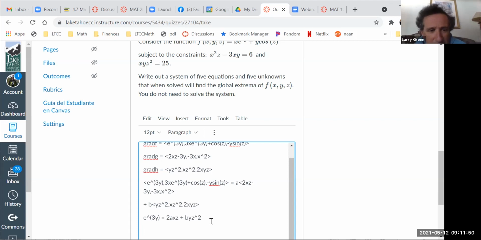Okay, and then the second one will be 3x e to the 3y plus cosine of z equals, and then we're going to have an a times 3y or 3ay. And then we're going to have a b times xz squared.